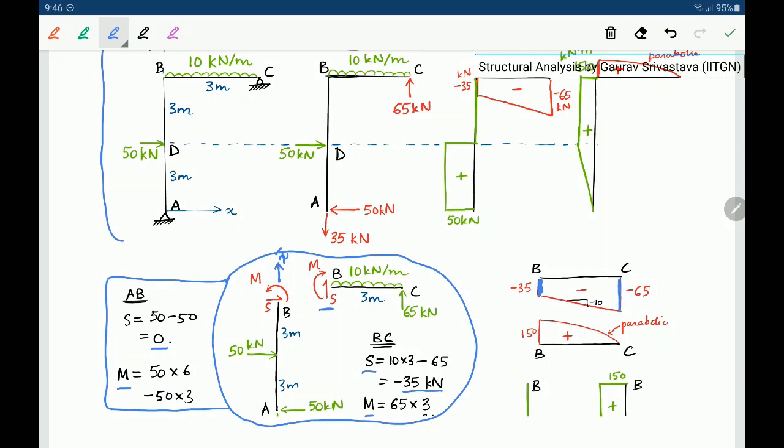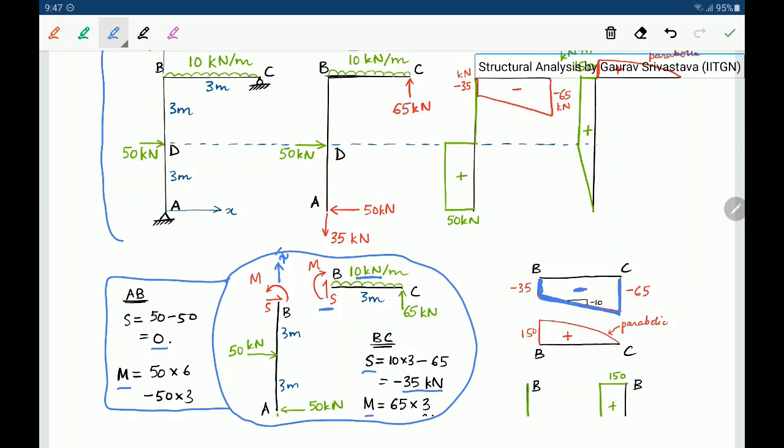In the span BC the slope of the shear force diagram will be equal to the load intensity, which is minus 10, because this is a downward force. So we join these two points through this line. This is a linear variation of shear force with a slope of -10.